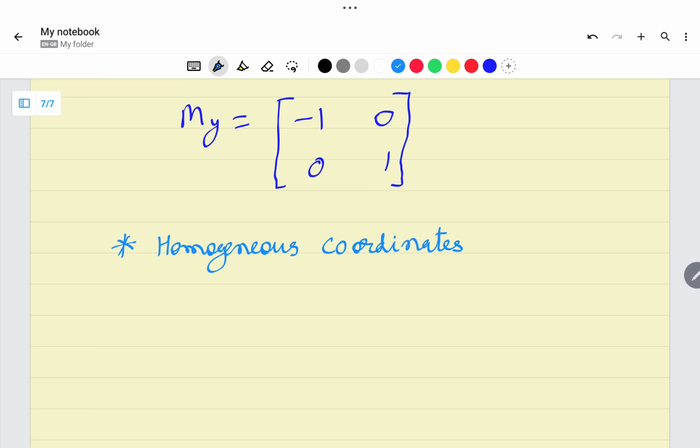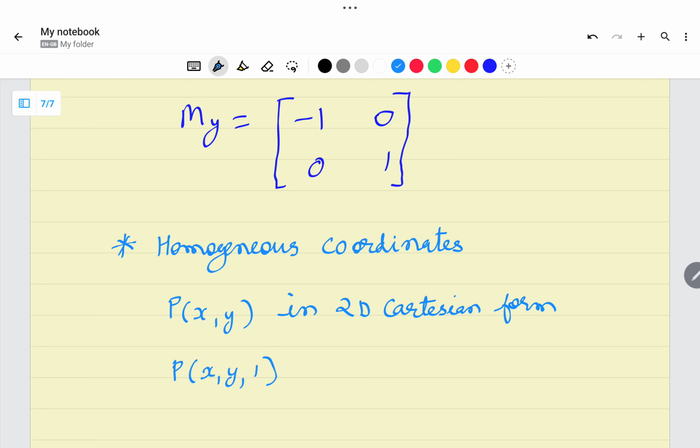We have a point P(x, y) in 2D Cartesian form, as P(x, y, 1) in homogeneous coordinate form.